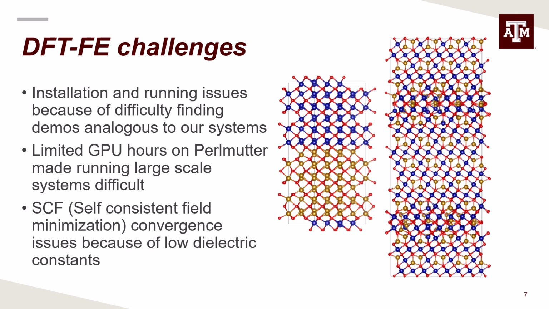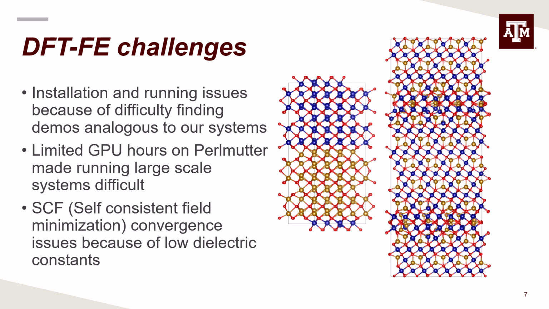So some challenges that we faced with DFT-FE were the installation and running issues. This was because of difficulty finding demos that were analogous to our systems. Our systems, here on the right, are the ones that we ran so far. The smaller system on the left is a system of FeCrO3, I believe.